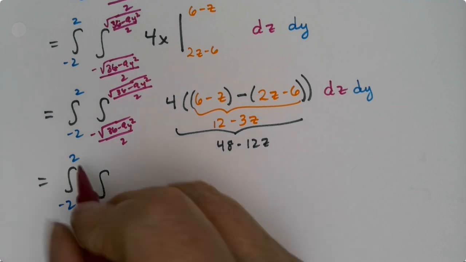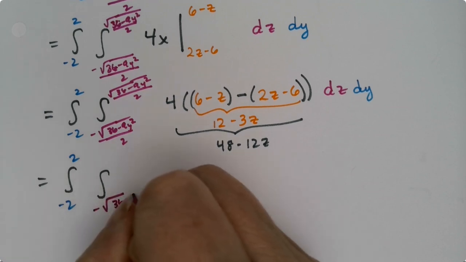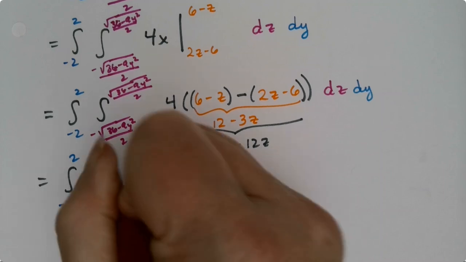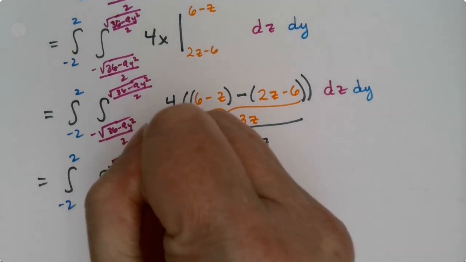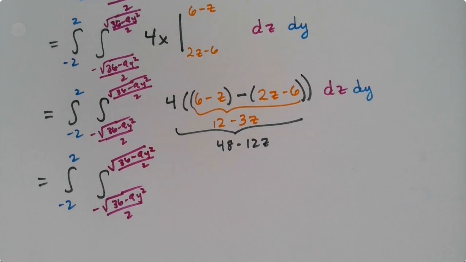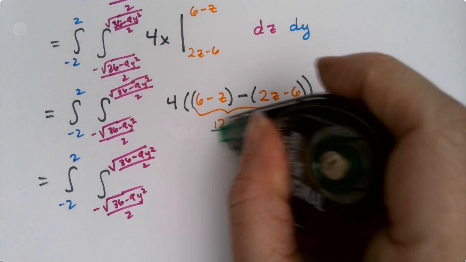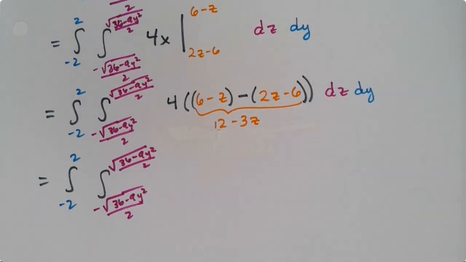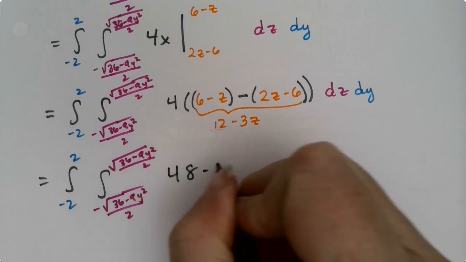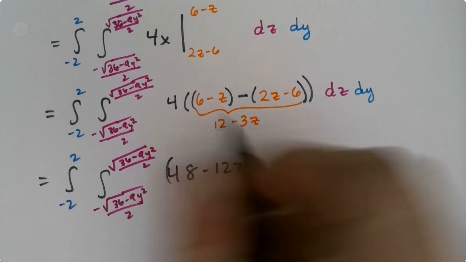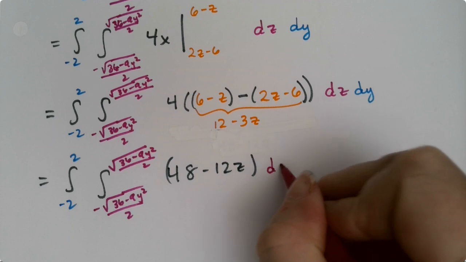This is the integral from negative square root of 36 minus 9y squared over 2 to positive square root of 36 minus 9y squared over 2. And then I'm going to integrate, well actually, I'm going to write this one more time. So this is going to be 48 minus 12z. Here, I'm just going to write this like this. I'll put it in here when I do the integrand. So 48 take away 12z, dz, dy.